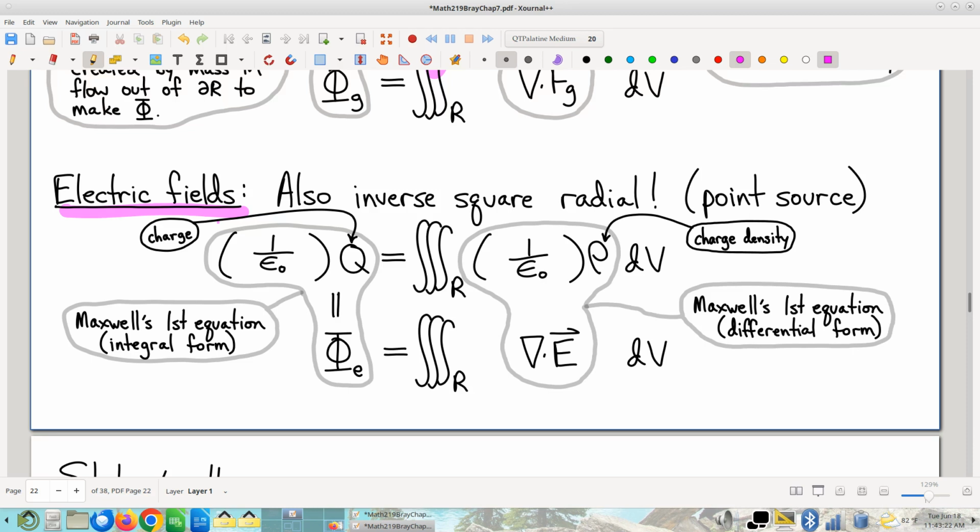Anything that has electricity in it, there are electric fields that you have to know and understand and have a good intuition for. And the beautiful observation is they too are inverse square radial when coming from a point source. So structurally, electric fields are just like gravitational fields.